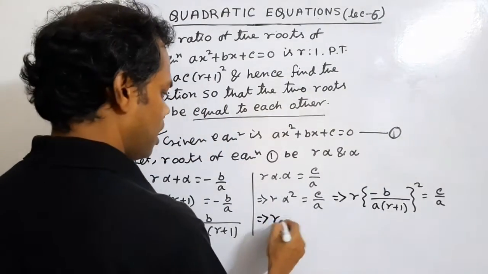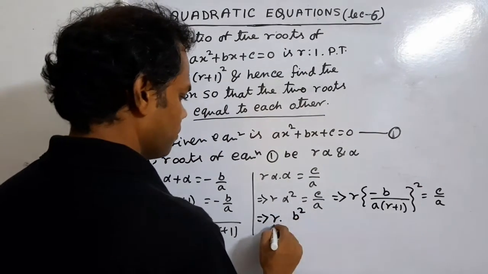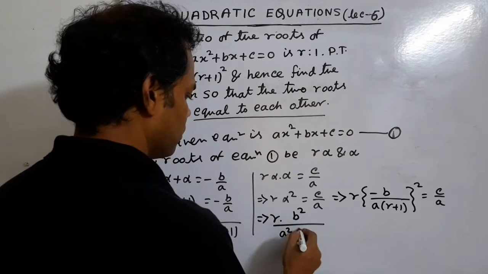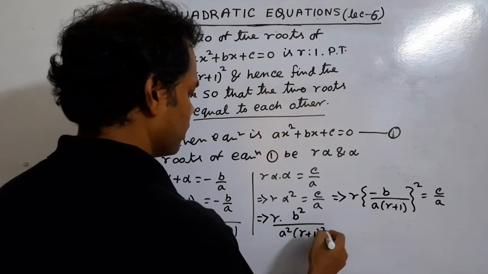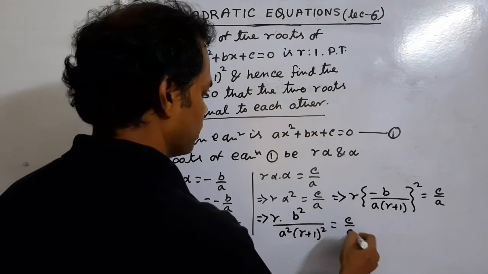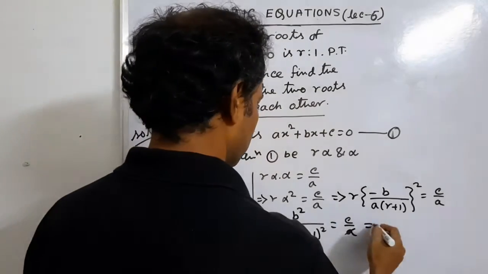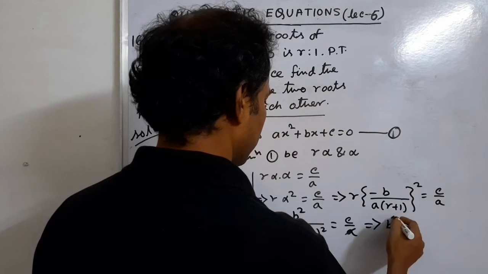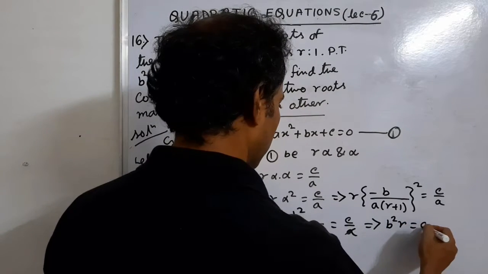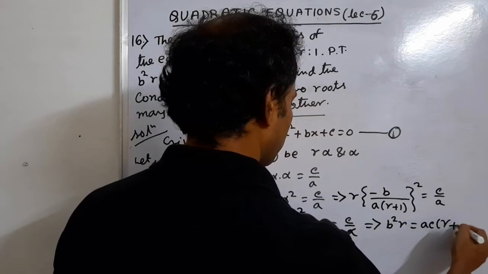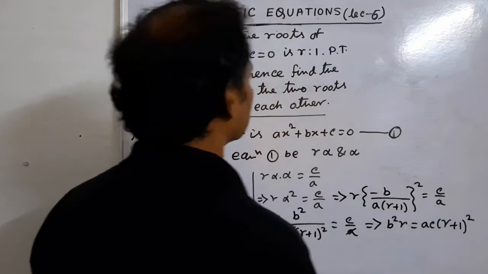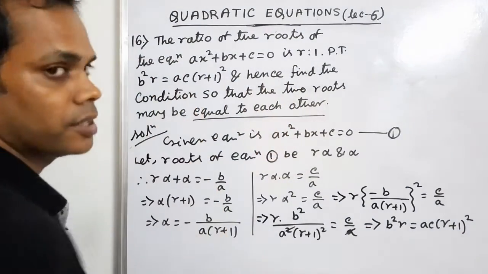So r into b square by a square into r plus 1 square equals c by a. By cancellation of a, this one equals b square into r equals a c into r plus 1 square. This is our required relation.